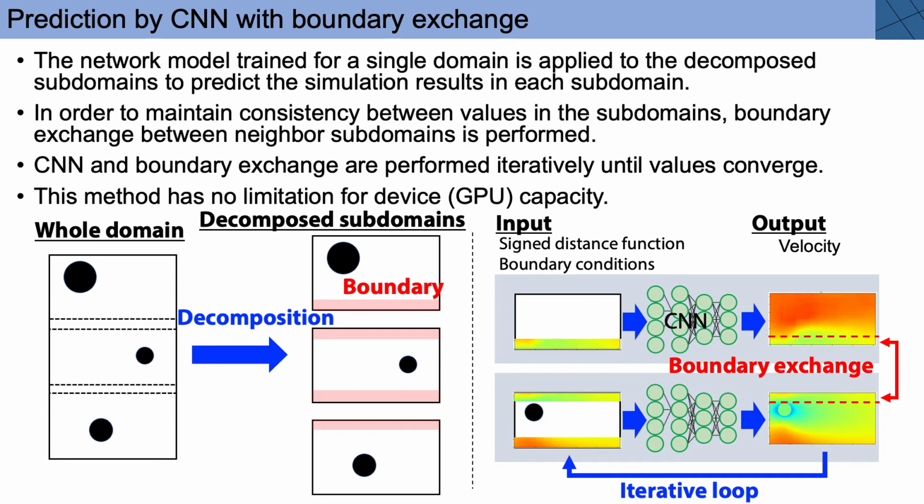We train a network model to predict single domain results and apply it to the decomposed subdomains to predict the simulation results in each subdomain. In order to maintain consistency between values in the subdomains, boundary exchange between neighboring subdomains is performed. CNN and boundary exchange are performed iteratively until values converge.